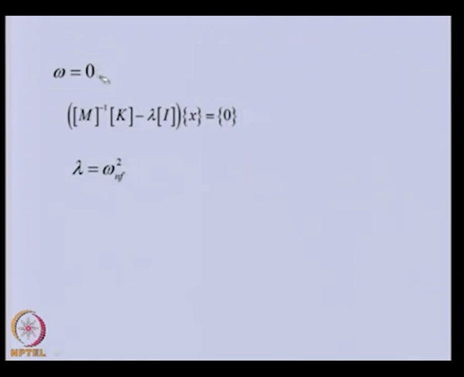In that case, the earlier standard eigenvalue problem itself will be valid, because the gyroscopic term, the eta dot term, is not there. So, whatever the eigenvalue problem was there earlier is valid, and in that case this eigenvalue will be the square of the natural frequency, but in the state space form it is equal to the natural frequency.